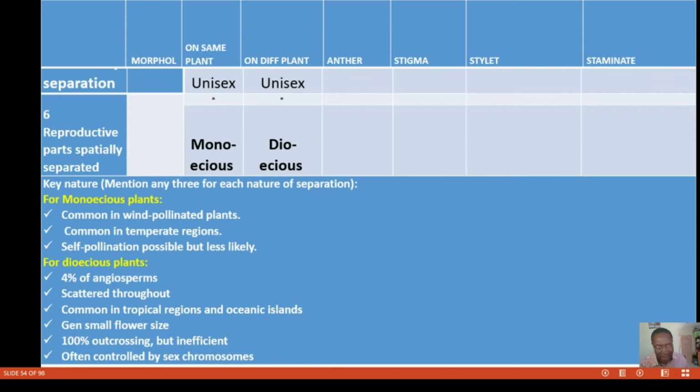Angiosperms are generally the flowering plants. And dioecious plants are scattered throughout the globe. Common in tropical regions and oceanic islands.